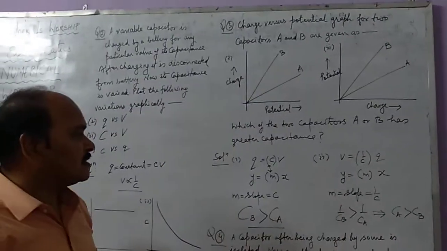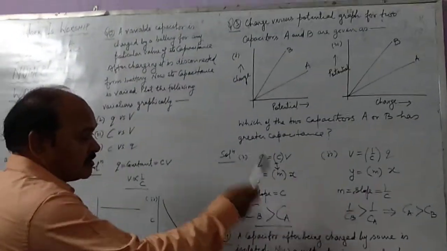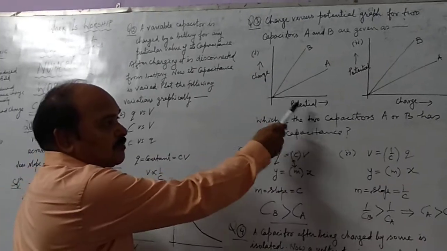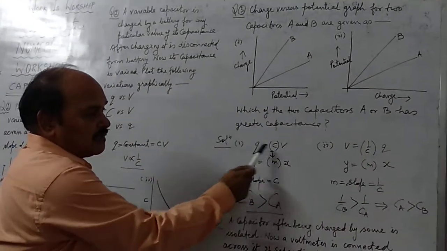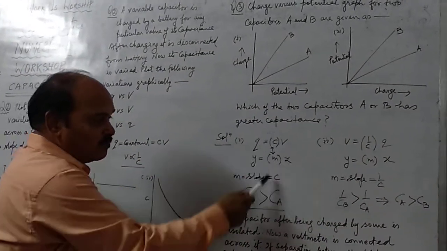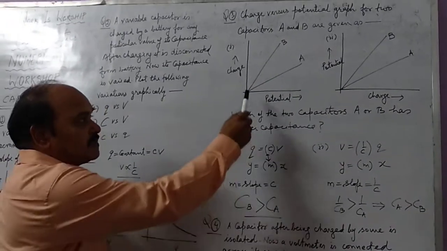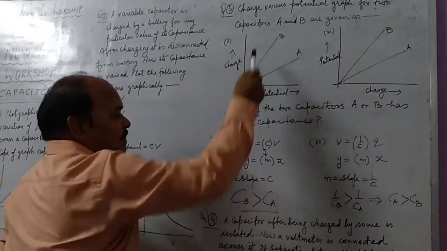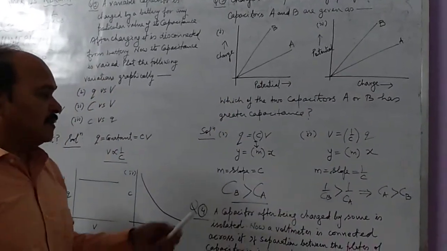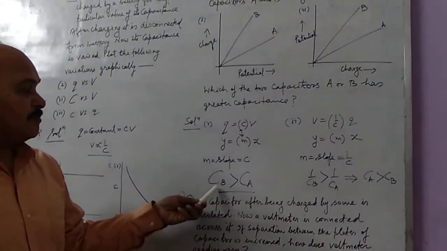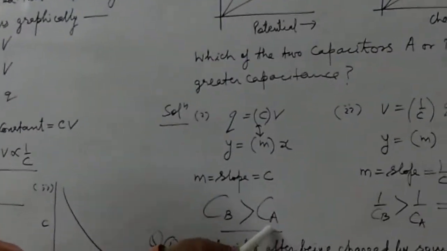Well, in the first case, you have already understood that in the charge versus potential graph, y is equal to mx, the slope is the capacitance. Since this graph has greater slope, the capacitance of capacitor B is greater than that of A.